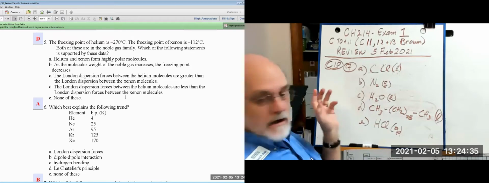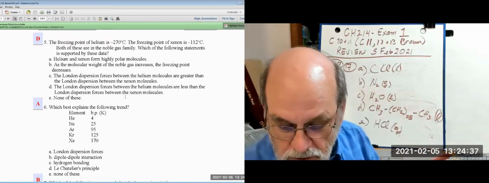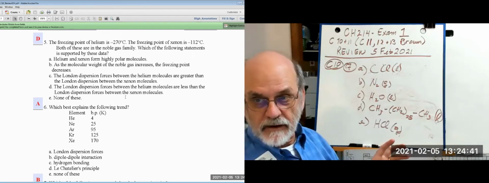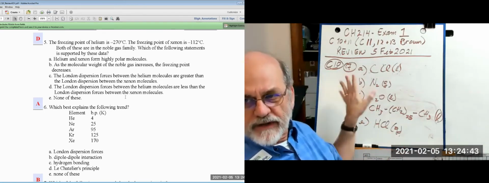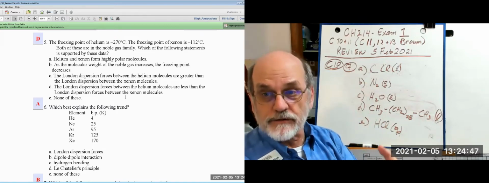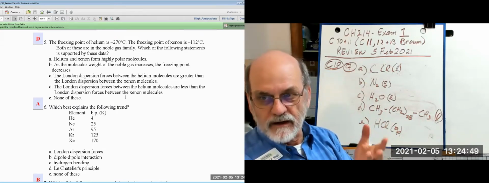Anyway, what's the question? Which one has the lowest viscosity? So before we even look at that, we know that viscosity is a resistance to flow, right?